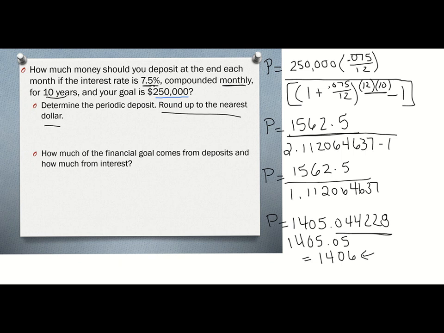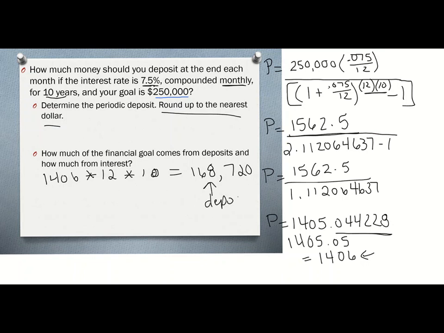So to figure out our financial goal from deposits and interest, what we want to do is take our $1,406, because that's what we're going to deposit every month, times that by 12 and then by 10, the 12 being once every month for a year, and then for 10 years. And when you multiply, you get 168,720.